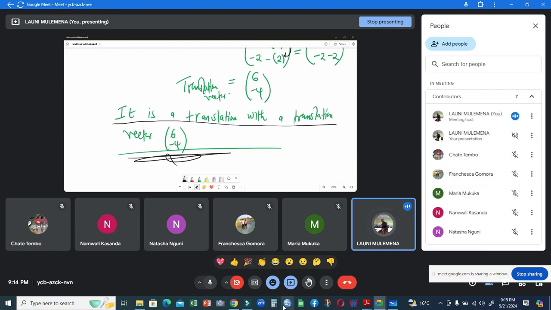For example, here it is saying the diagram shows triangle P and Q. Describe fully the single transformation which maps triangle P onto triangle Q. Have you seen? So a transformation that maps triangle P to triangle Q. So that means P is the initial object which has been moved to Q. So P is the object, Q is the image. So the statement will be given to you in the question. Are you okay with that response, Mr. Tembo? Yes, I'm okay now. Wonderful.